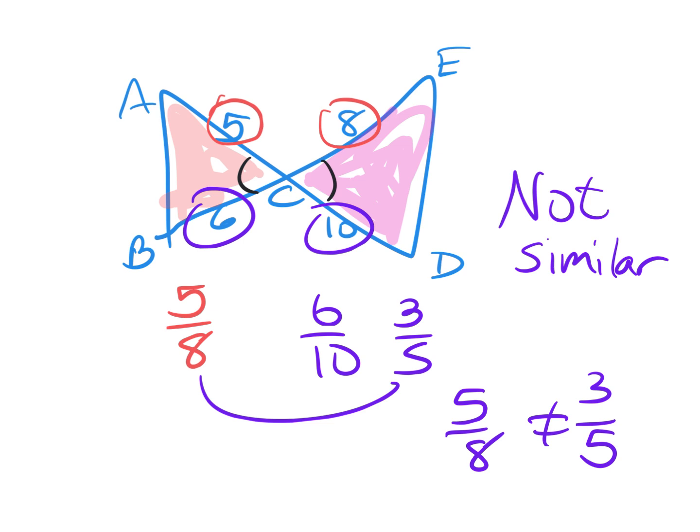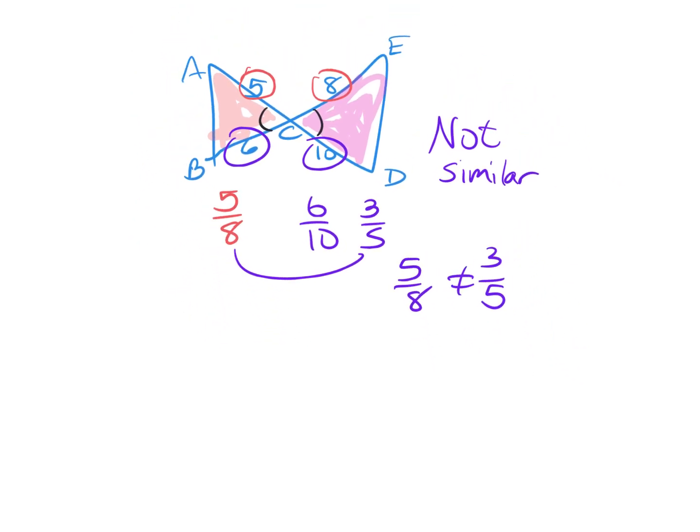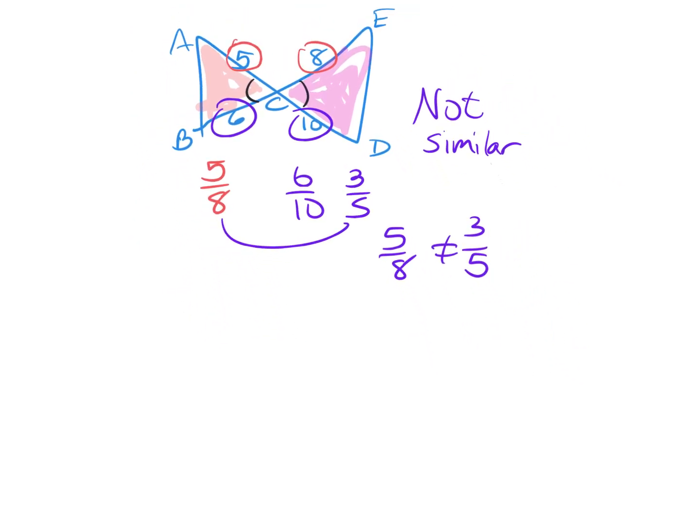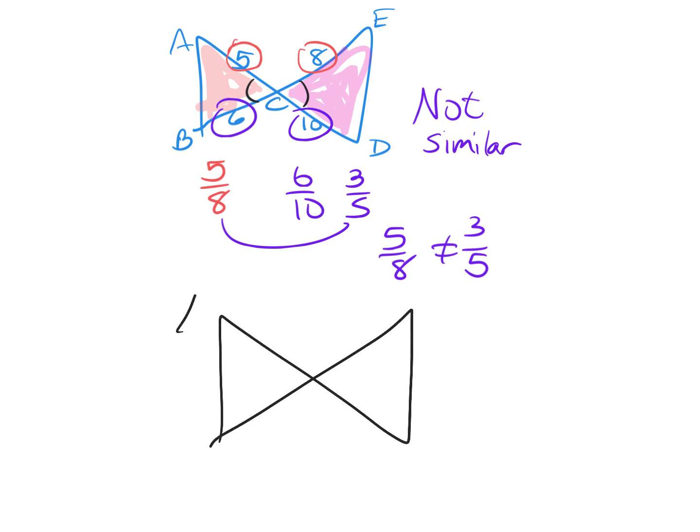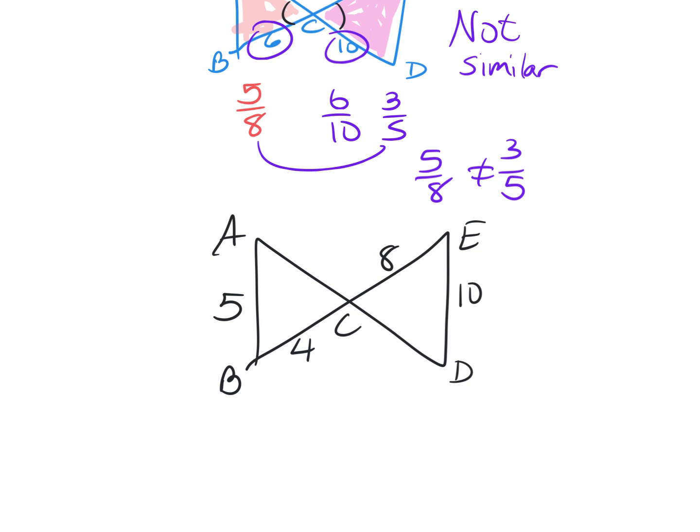Let me add in an example where it may look like they're similar. So same thing, the bow tie. So A, B, C, E, and D. Let's say I put a 5 here, a 4, an 8, and a 10. So again, I've got the congruent vertical angles.